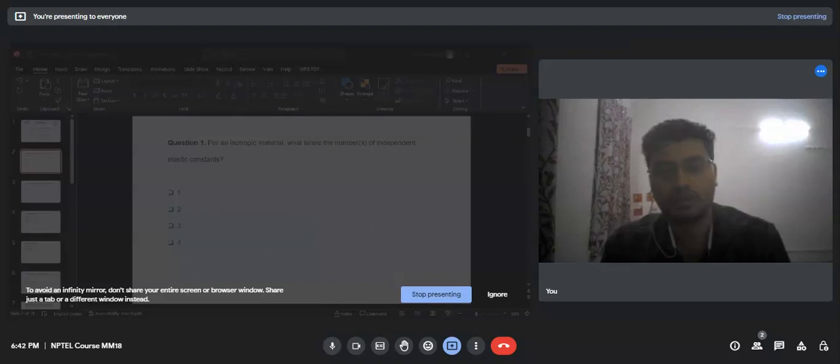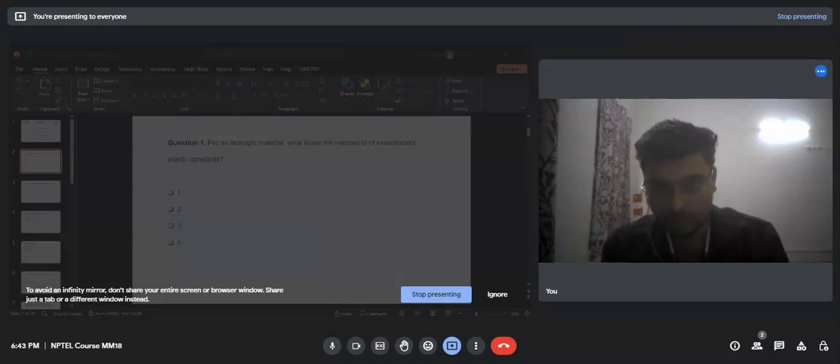Strain is the change in length upon total length, so it is a unitless value. And stress is force upon area. So we have force in Newton upon area, which we can take in nanometer square.